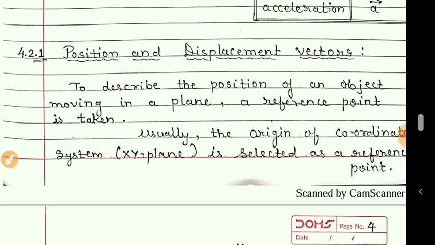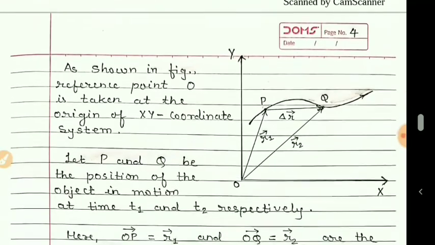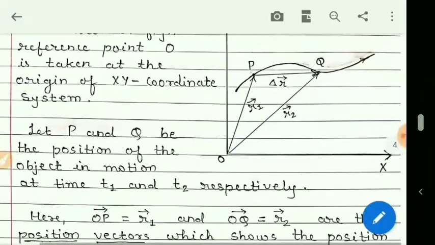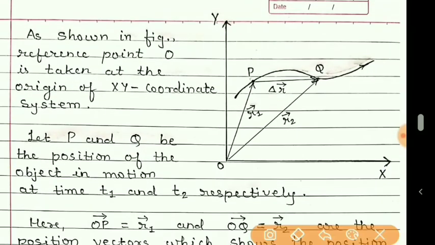Now let us see what is position vector and displacement vector. You can see in a figure. Here this figure shows x-axis, y-axis, and the intersection of x and y-axis is point O. This point O is the origin of this coordinate system.